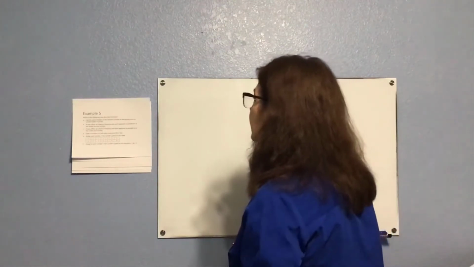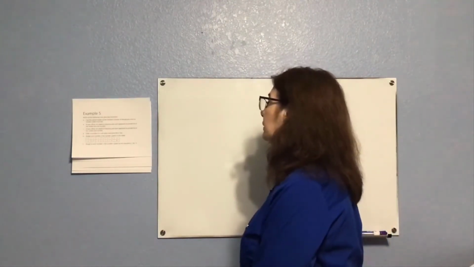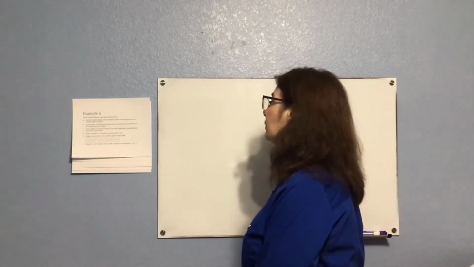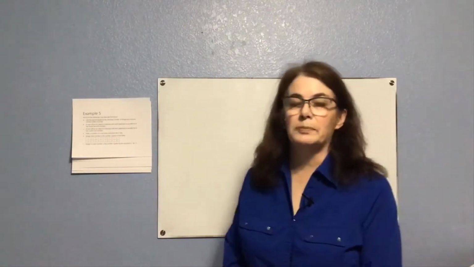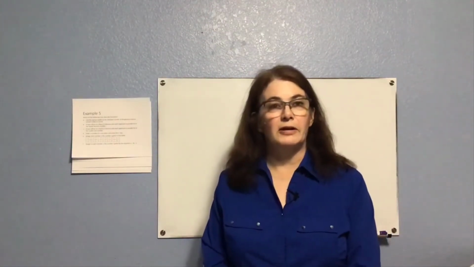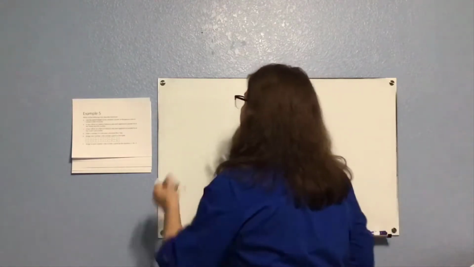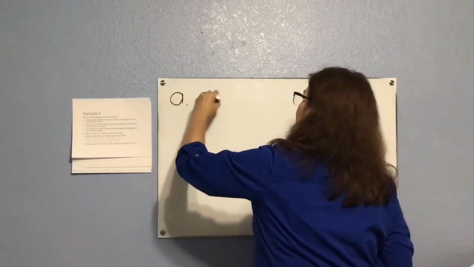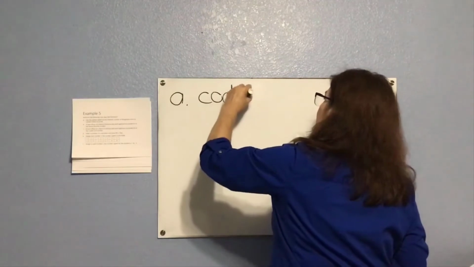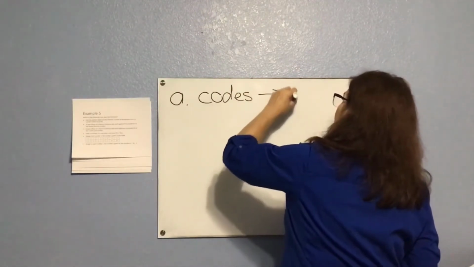Okay, our first one says if I use the optical reader at the checkout counter of the grocery store to convert codes to prices, is that a function? So we've got codes to prices.